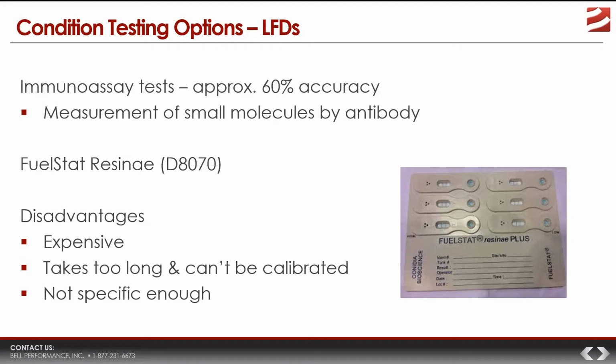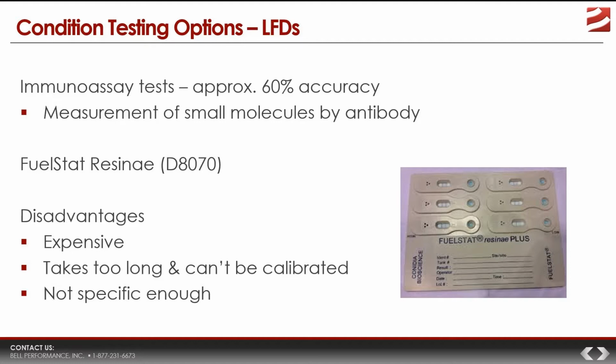You prepare the fuel with their reagent, and then you put drops of it in there. It's supposed to give you an indication if you've got low, medium, or high contamination levels of 2 different classes of microbes, bacteria and fungi.